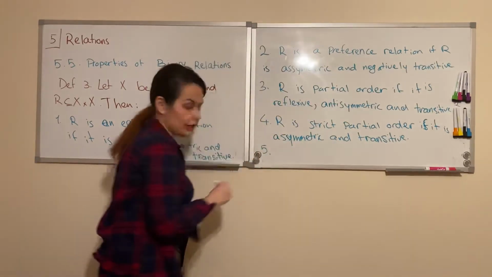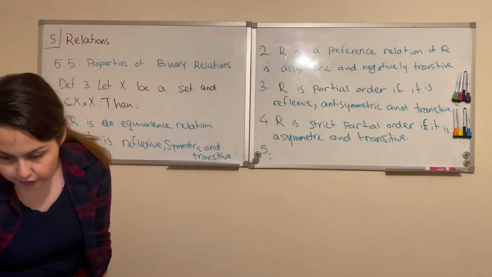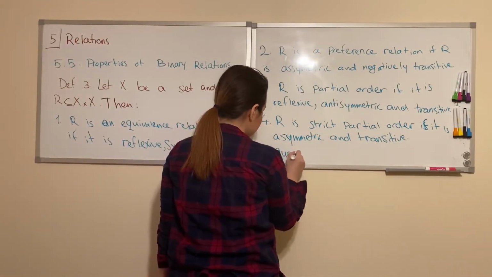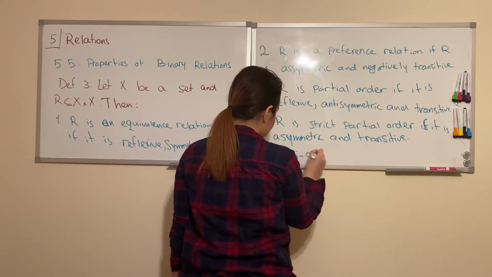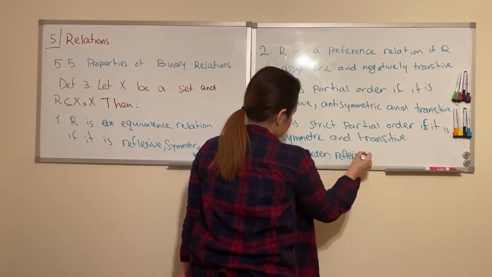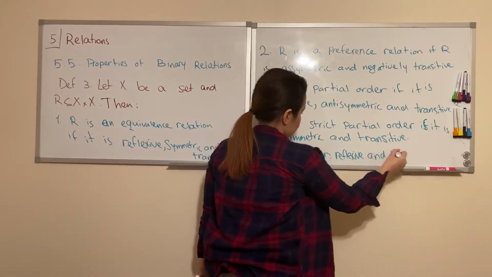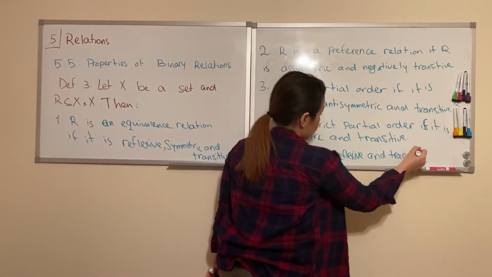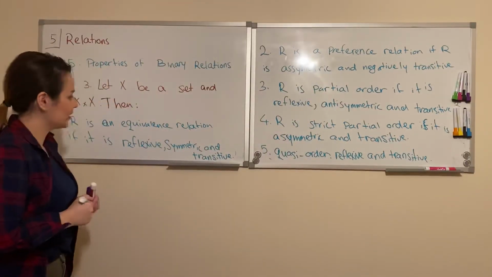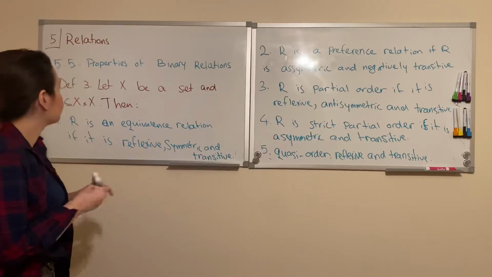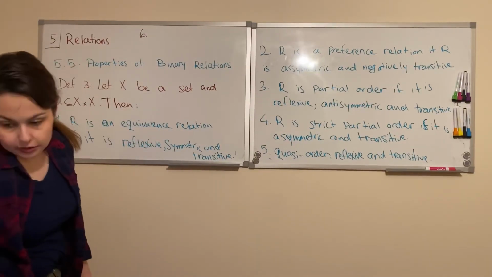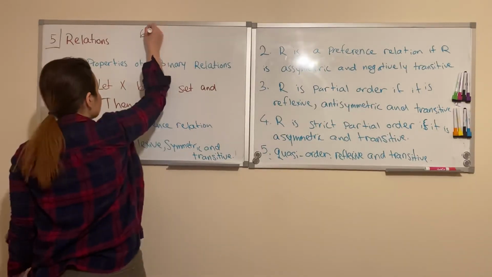And 5, it is a quasi order if it is reflexive and transitive. And I don't have a space to write 6. Let me write it here. It is total order if it is complete partial order.